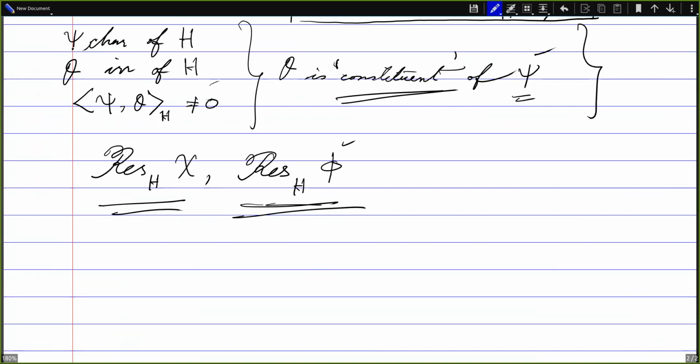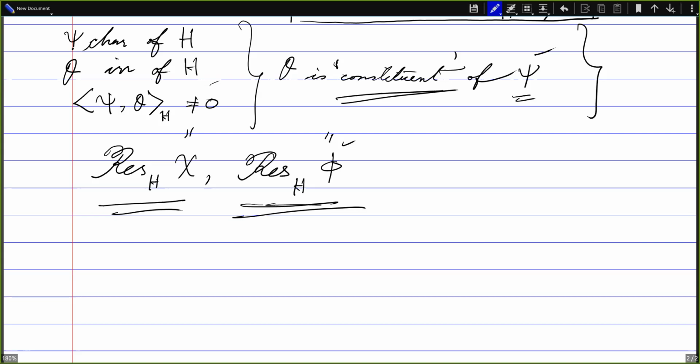So if an irreducible representation is contained in both of two representations of a finite group, then we say that the representations are not disjoint.